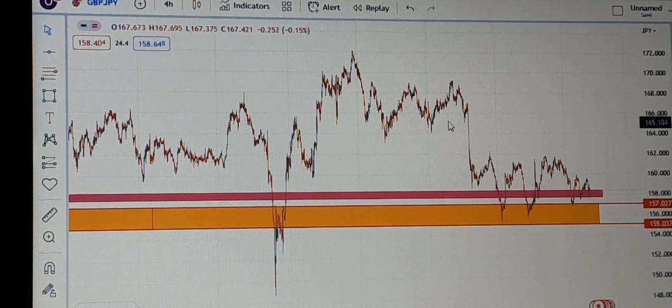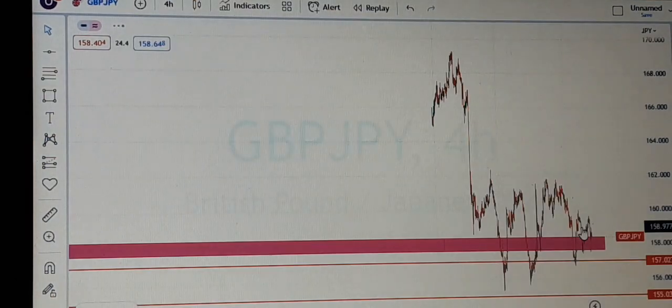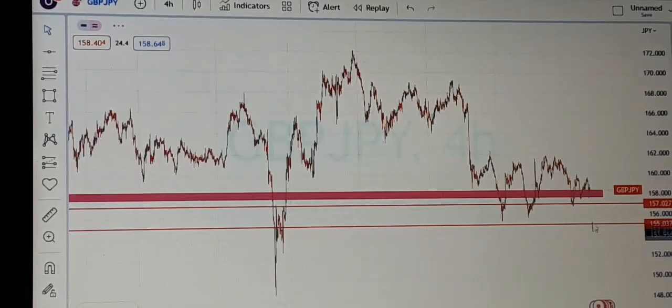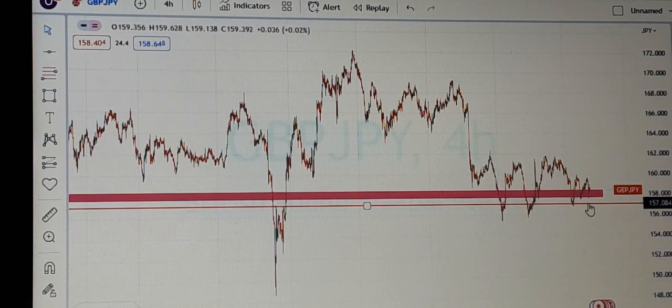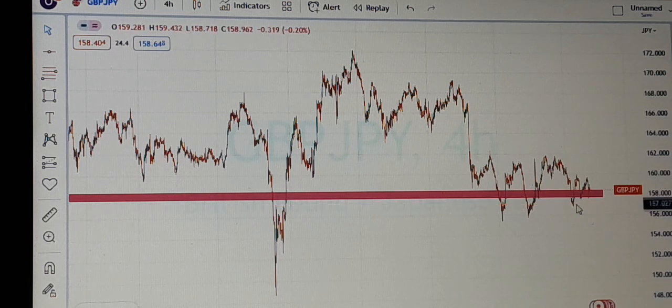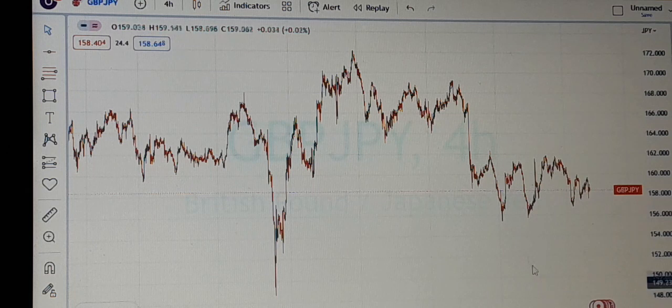Let me go to my daily chart. Let me just delete this and go to the daily chart so that I can show you also how to plot more zones. Today I'm just showing you guys how to draw zones by using the Fibonacci tool.